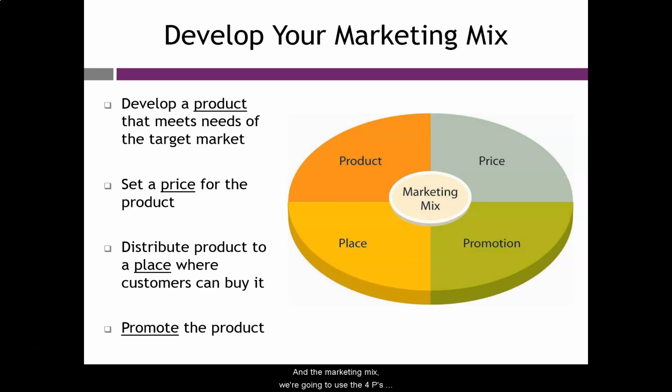For the marketing mix, we're going to use the 4 P's to help us remember it. Product: we have to develop a product that meets the needs of the target market. That's what we're going to talk about today. Wednesday, we'll talk about price and place and promotion, determining how to come up with those to reach the target market. So let's start with the product, the first P.